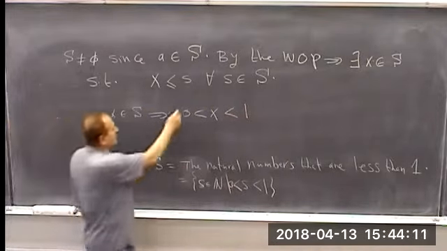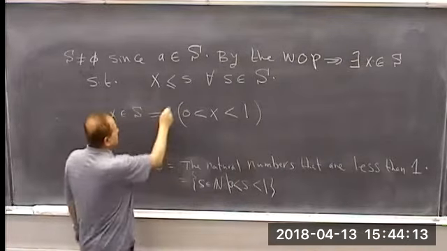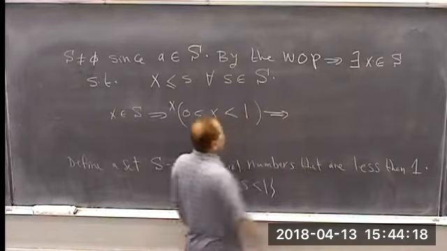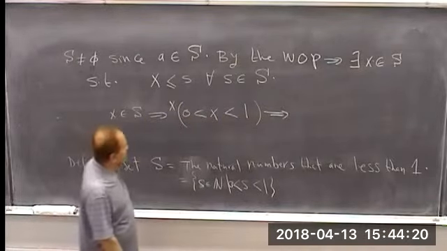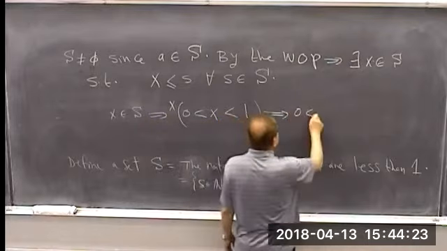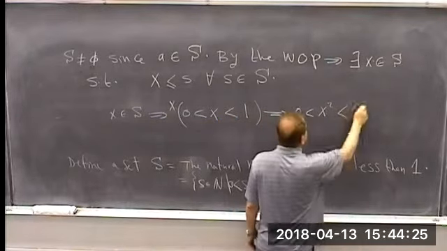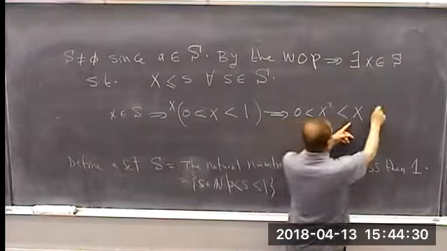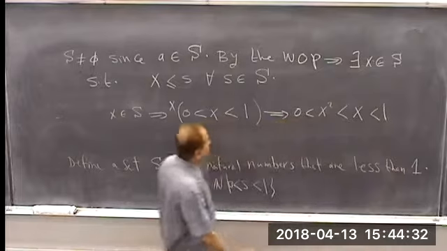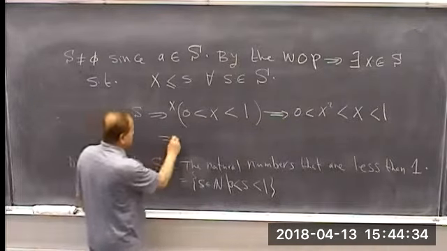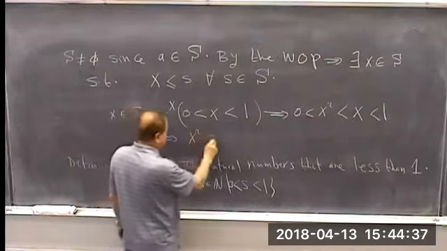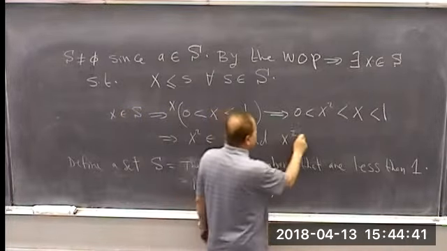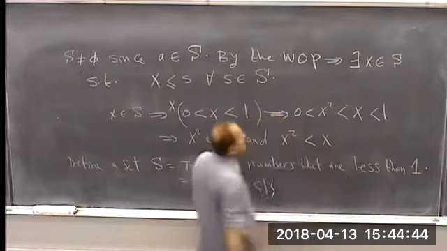I want to multiply this inequality by x. So I'm going to multiply throughout this double inequality by x. So we get 0 less than x squared less than x. And I also know that x is less than 1. So this implies that x squared is in S. And we have x squared is smaller than x.